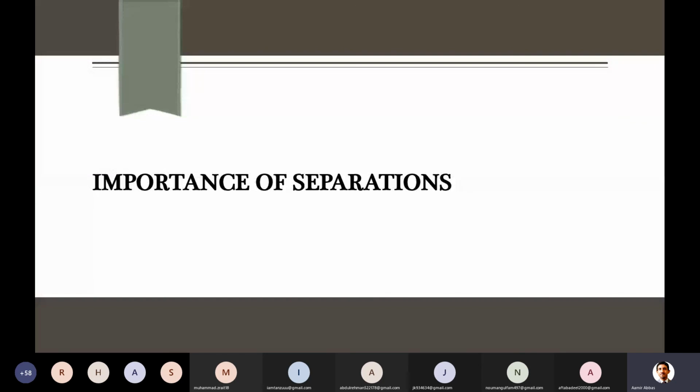All those filtration examples are size-based separation. Size-based means if the particle size is small, it will pass through the pore, and if the particle size is larger than the pore, it will be retained on the surface.